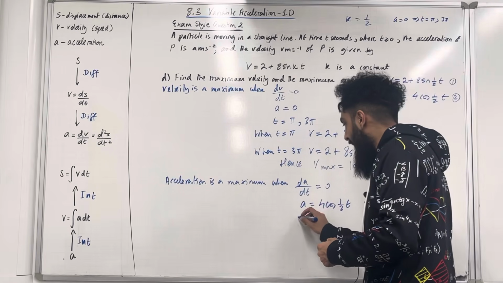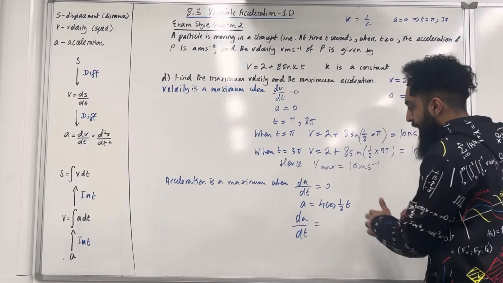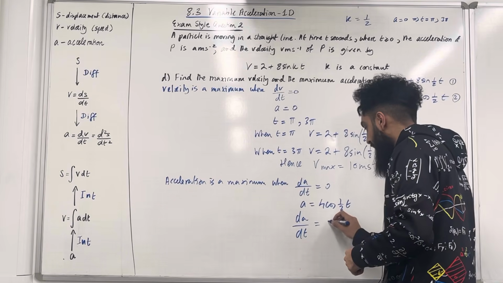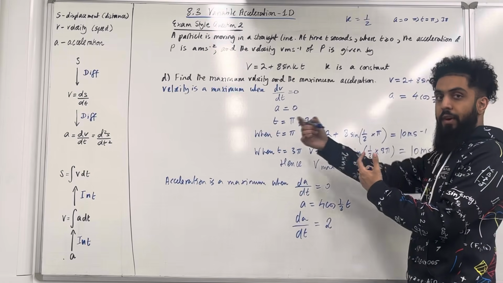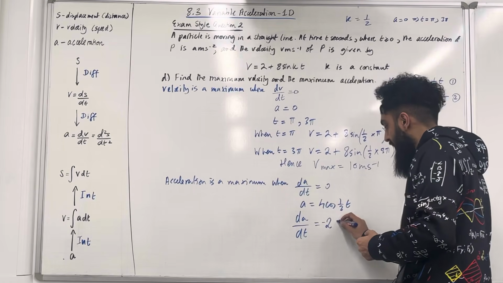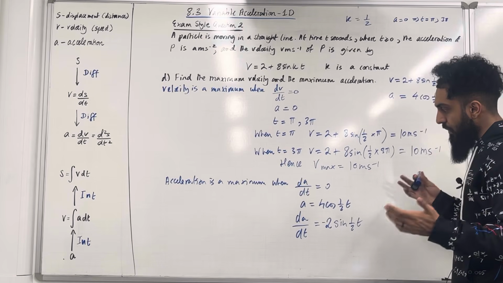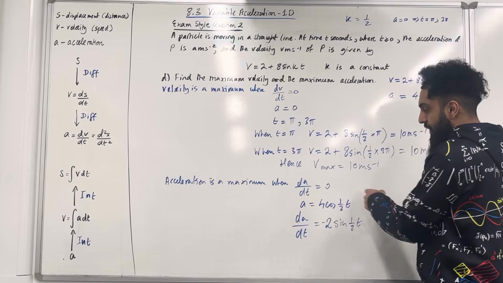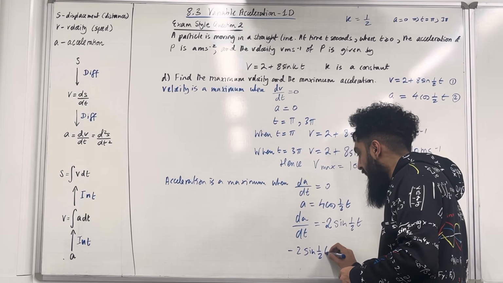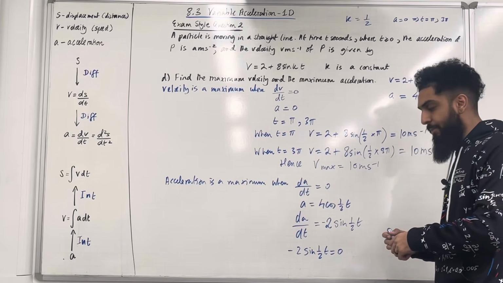So dA over dt is equal to 4 multiplied by the derivative of a half t, that's a half. And we know that a cosine differentiates to a negative sine. So we put a minus at the front, sine a half t. Okay, so dA over dt is equal to 0, which means that minus 2 sine a half t is equal to 0. We can divide both sides by minus 2.